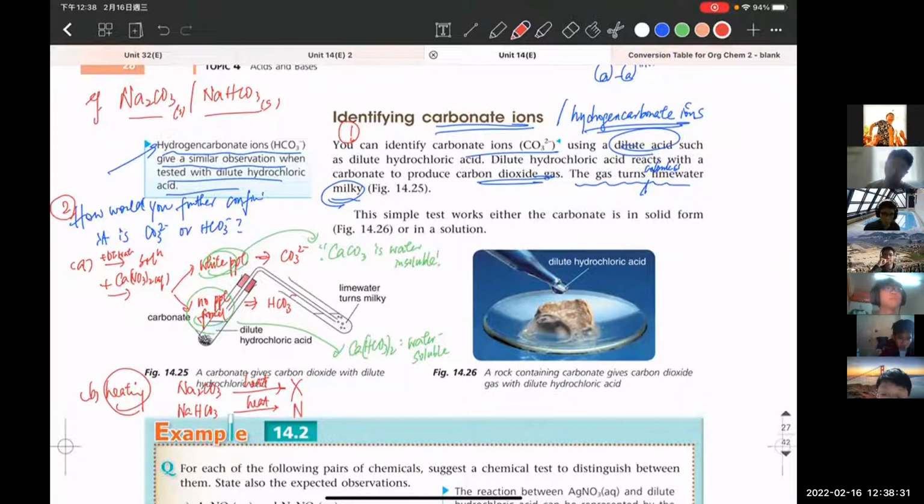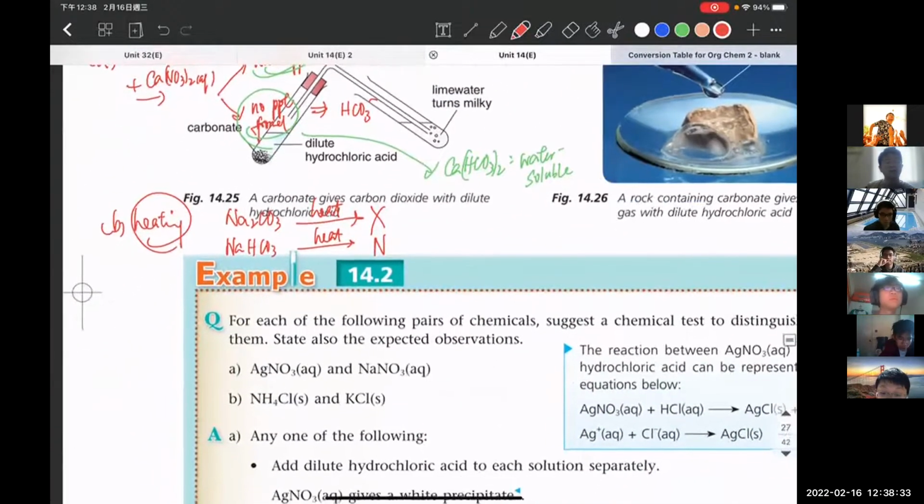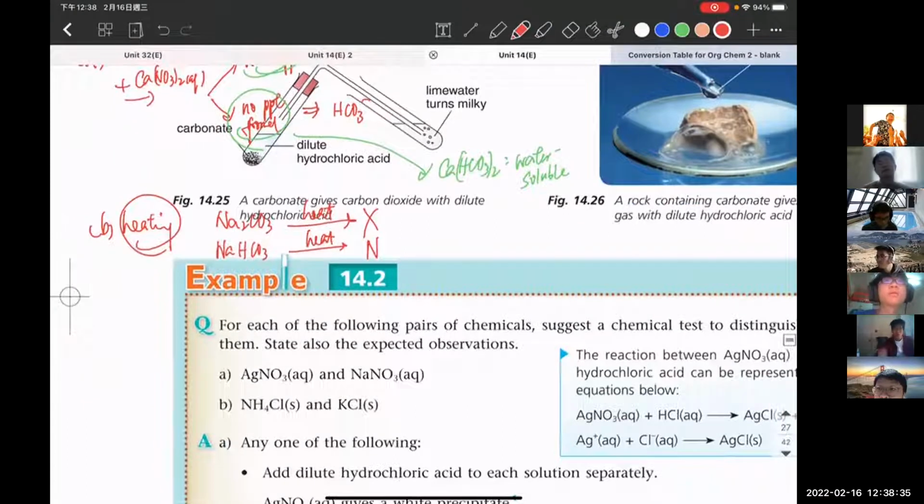Do you know? Search on the web now. I heat sodium hydrogen carbonate. What would be formed? Of course, I refer solid. Sodium carbonate, water, and carbon dioxide.